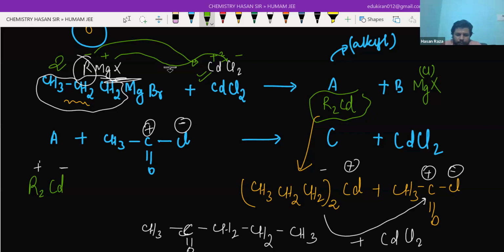Very good. Now we are going to have the next method of preparation of ketone.